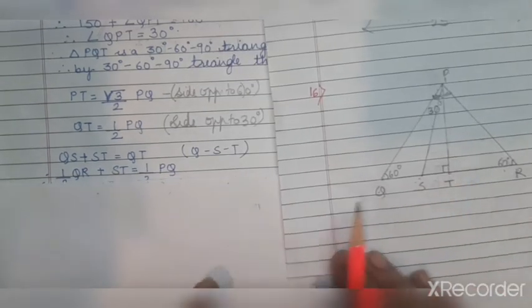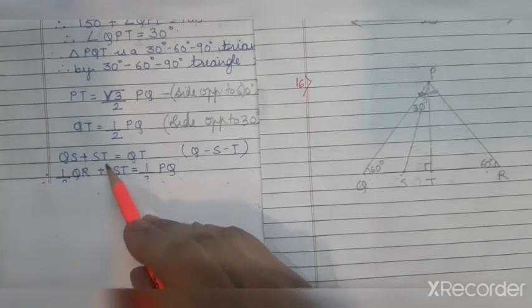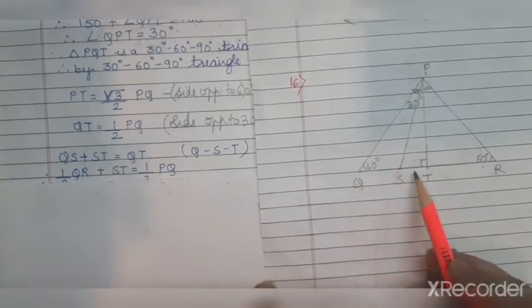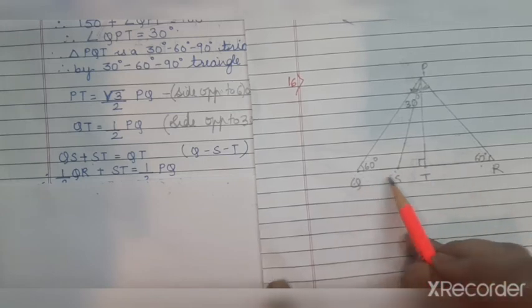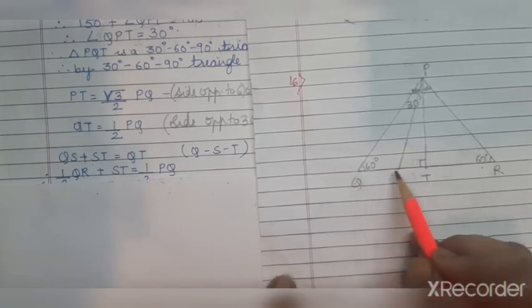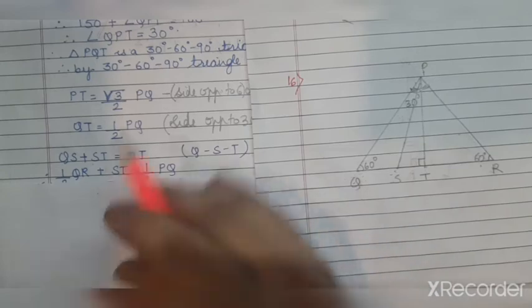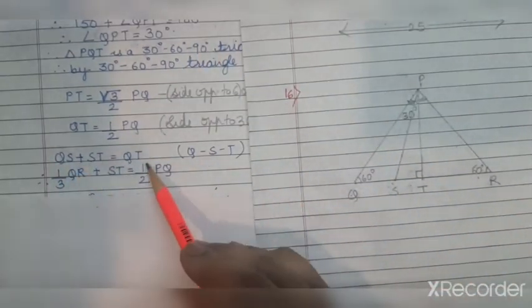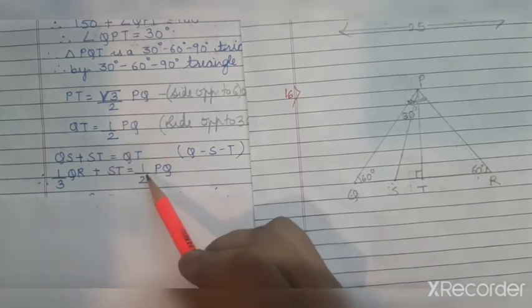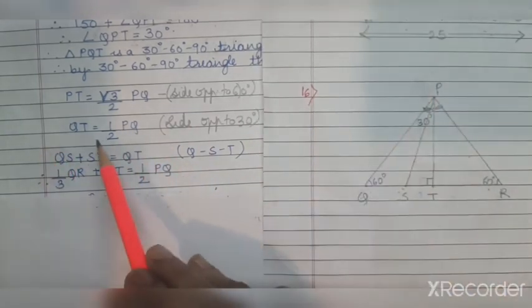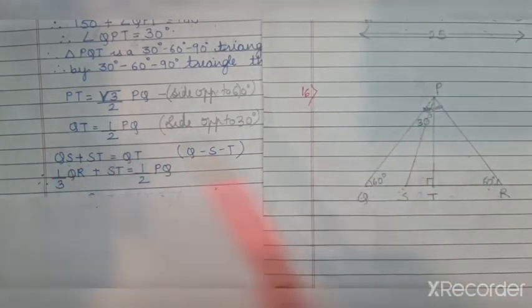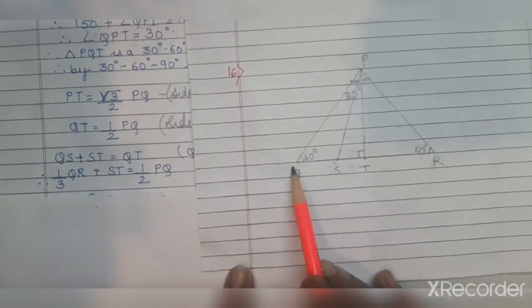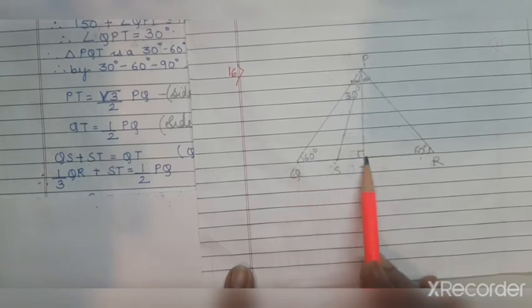See here, QS plus ST is equal to QT because Q-S-T are collinear.